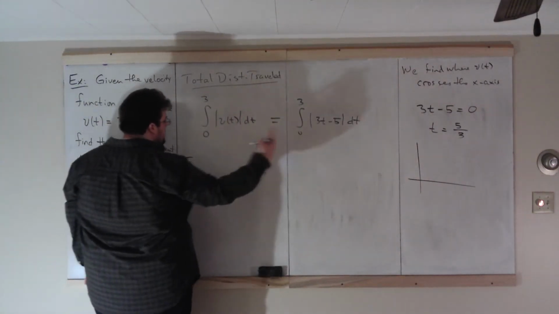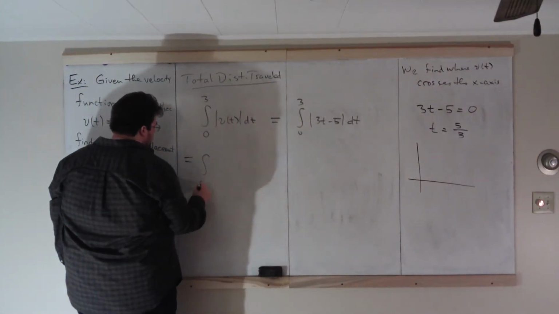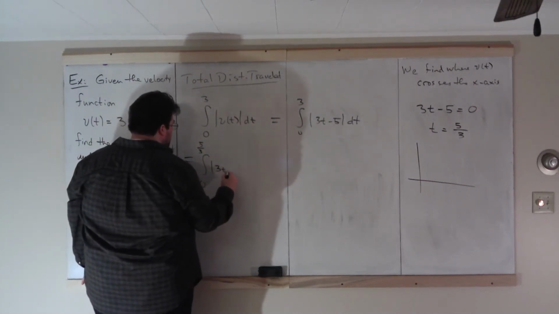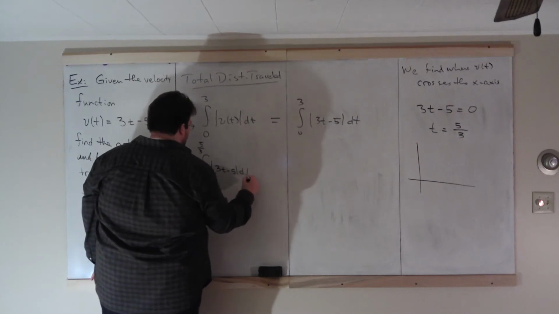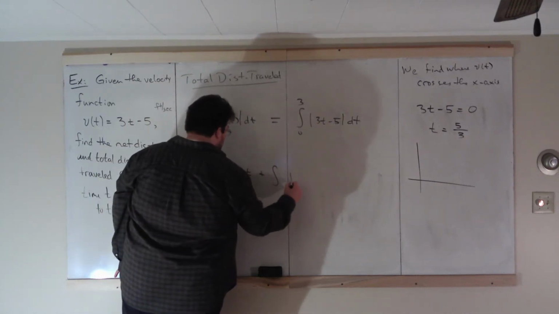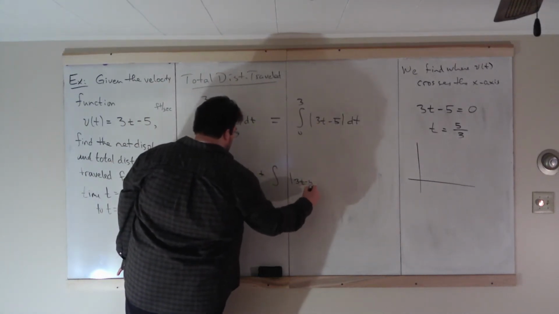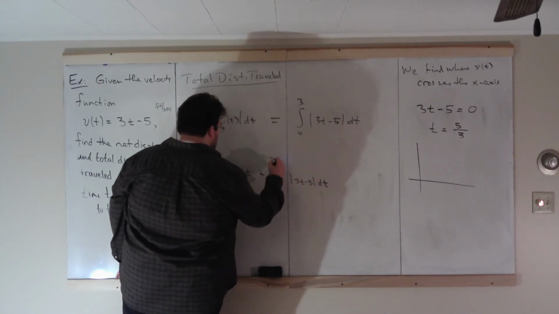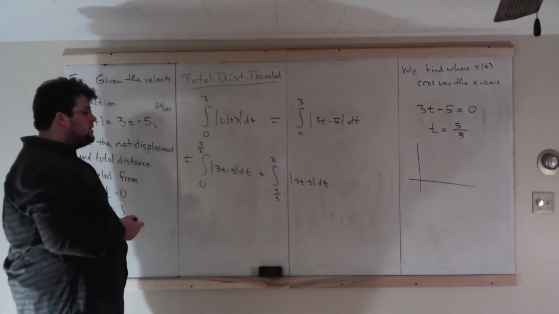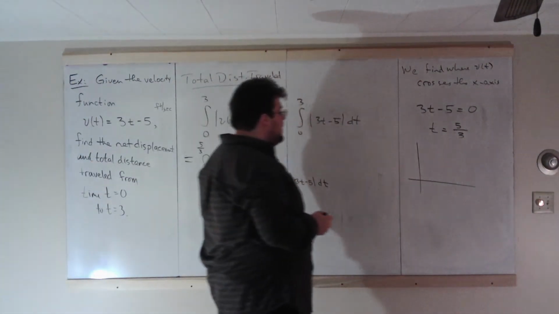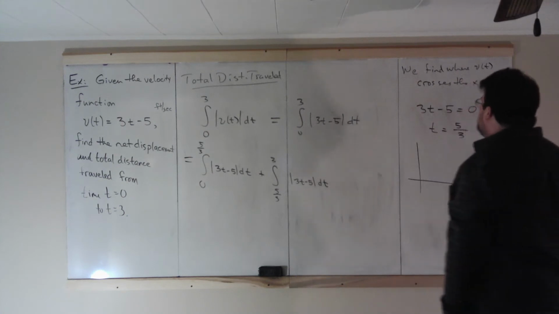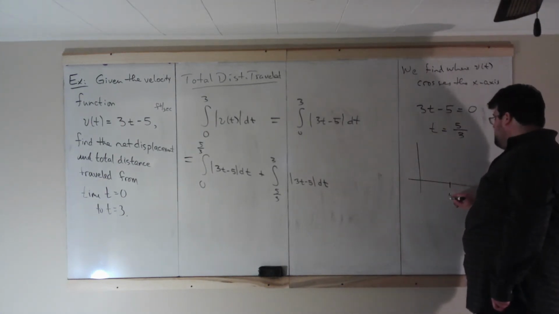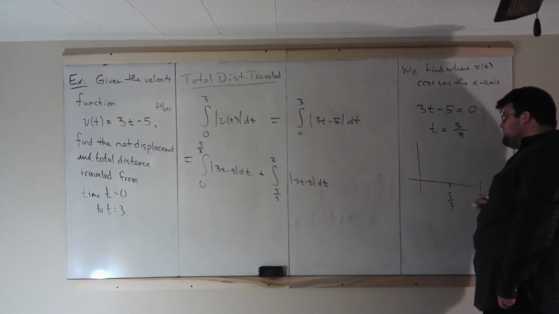It tells us this integral is going to split at 5/3. We haven't taken an absolute value yet. We just figured out where the velocity changes from positive to negative. At 5/3, it goes through the x-axis, and that is between 0 and 3.